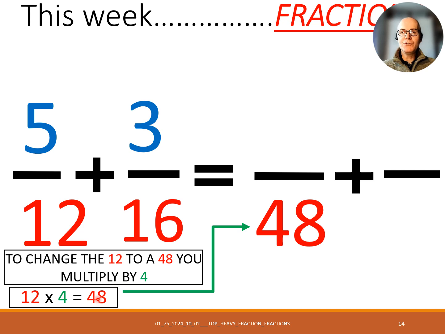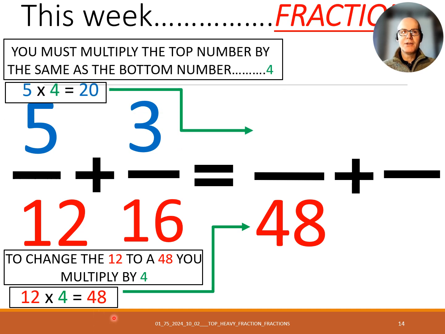Whatever we do on the bottom, we must do on the top. So we need to multiply the top number by 4 also. 5 times 4 equals 20. So 5 twelfths, the equivalent in 48ths, is 20 48ths.